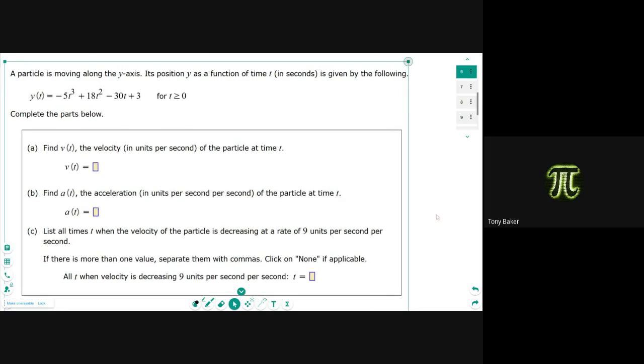All right. I'll write the equation a little bigger if you can't see it.